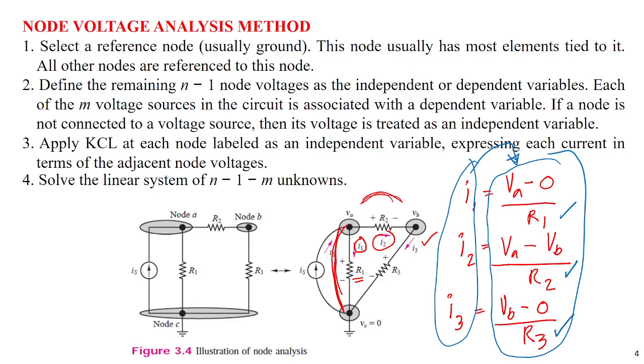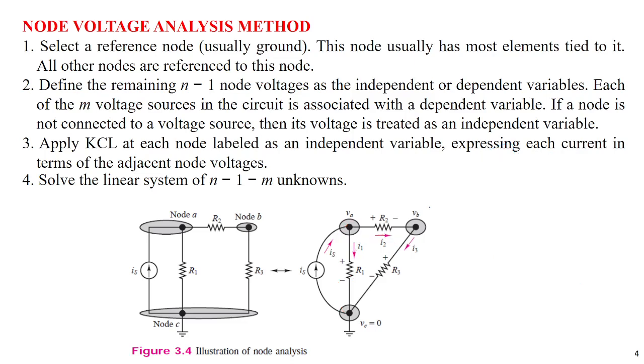Then, for example, KCL at node A is Is minus I1 minus I2 equal to 0, right?